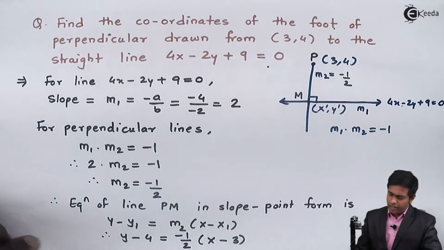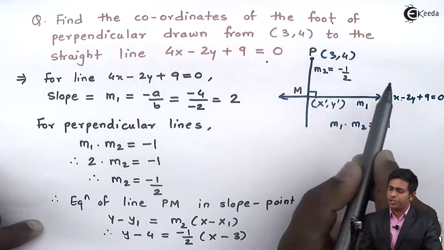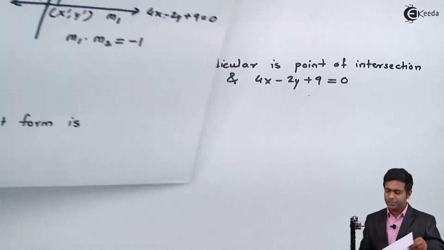We can find the point of intersection by solving the two equations of lines simultaneously.